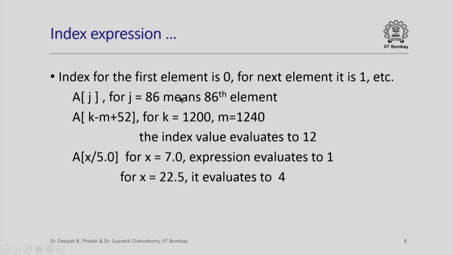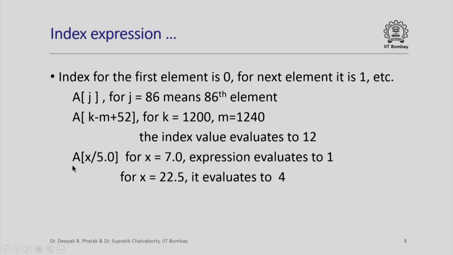An index for the first element is thus 0, the next element is 1, and so on. For example, a[j] is a valid expression. For j equal to 86, it will mean the 86th element. Suppose I use an expression k minus m plus 52, and if k is 1200 and m is 1240, then the index value evaluates to 12.